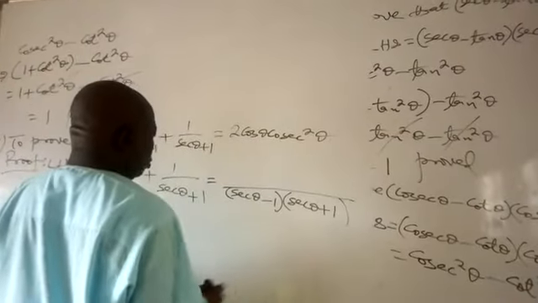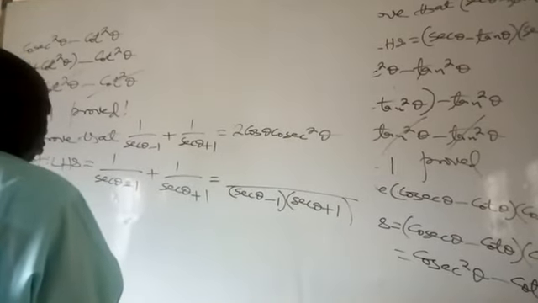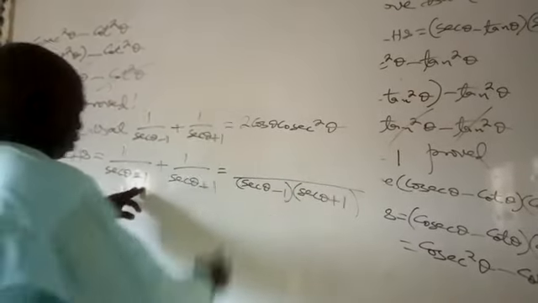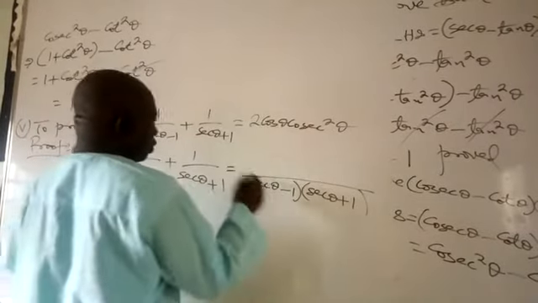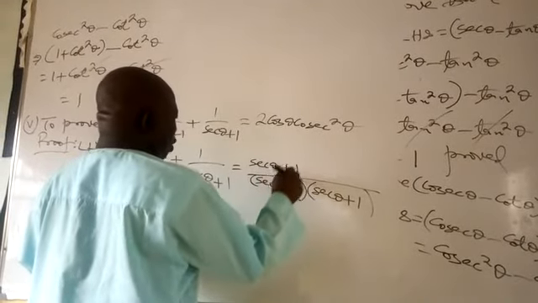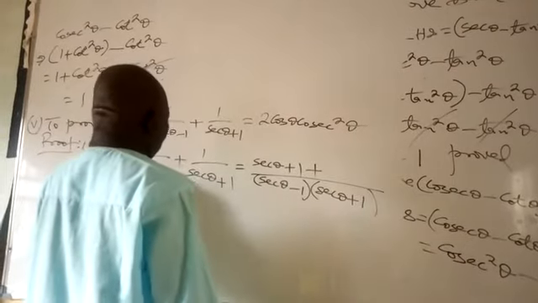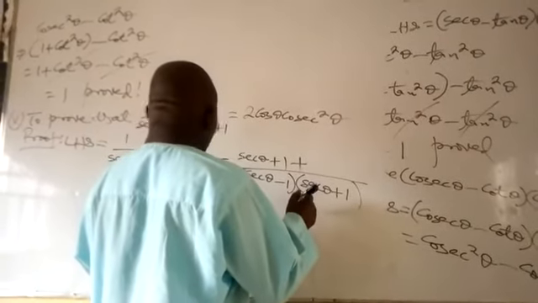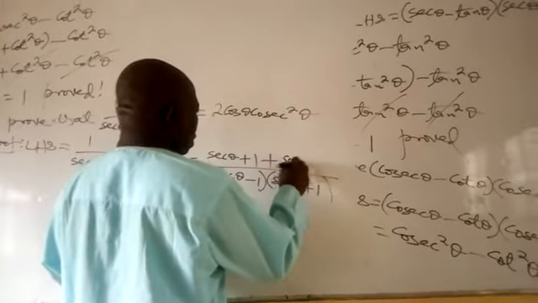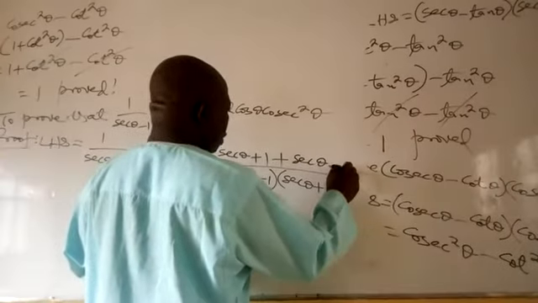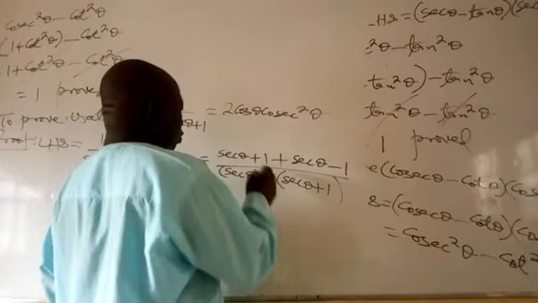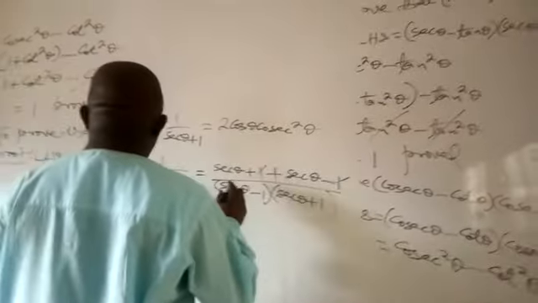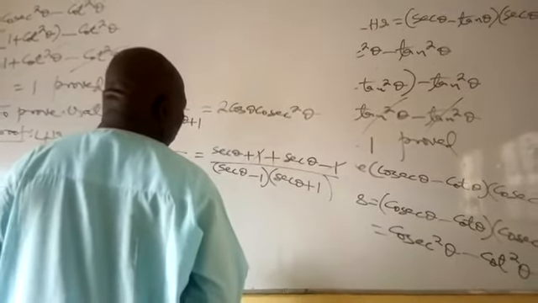So sec theta minus 1 into this expression is going to be sec theta plus 1. Then plus sec theta plus 1 into this LCM is going to give me sec theta minus 1. So what will happen? Plus 1 will cancel minus 1. And sec theta plus sec theta is 2 sec theta.